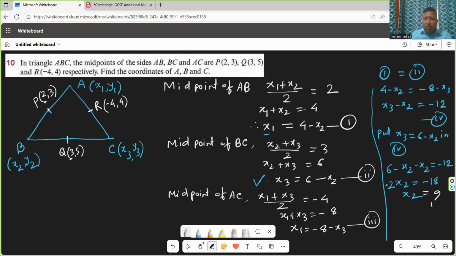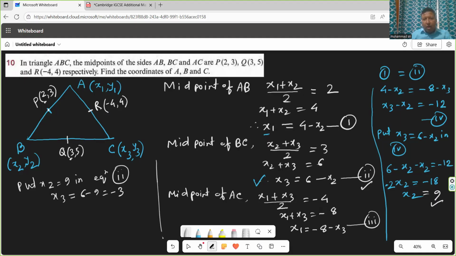Now this x2 equals 9, we can put in equation 2 to get the value of x3. So put x2 equals 9 in equation 2. So from here we'll get x3 equals 6 minus 9, that means minus 3. And x2 equals 9 we can also put in equation 1.